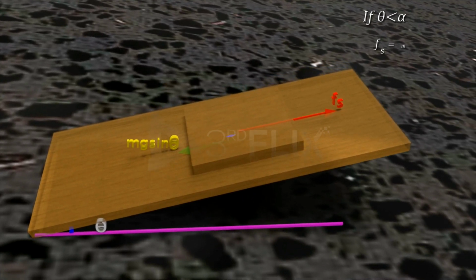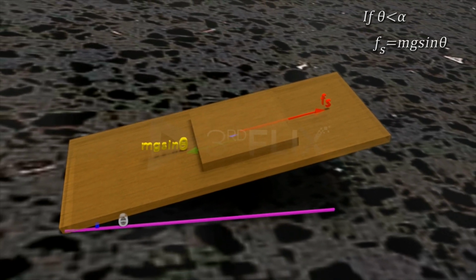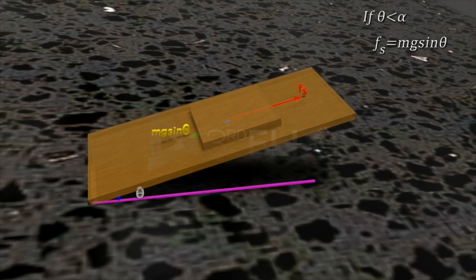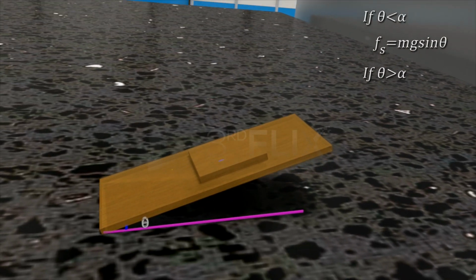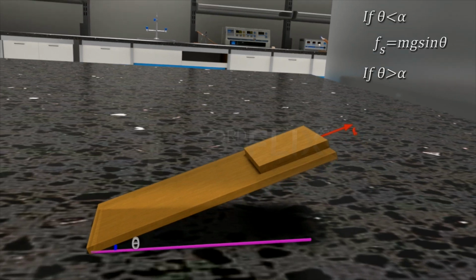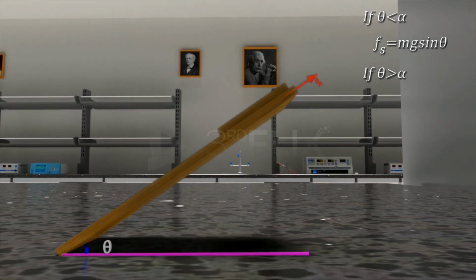Therefore, Fs equals mg sin theta. If the angle of inclination of the plane, theta, is more than the angle of repose, alpha, the block starts to slide, and kinetic friction starts acting on it.